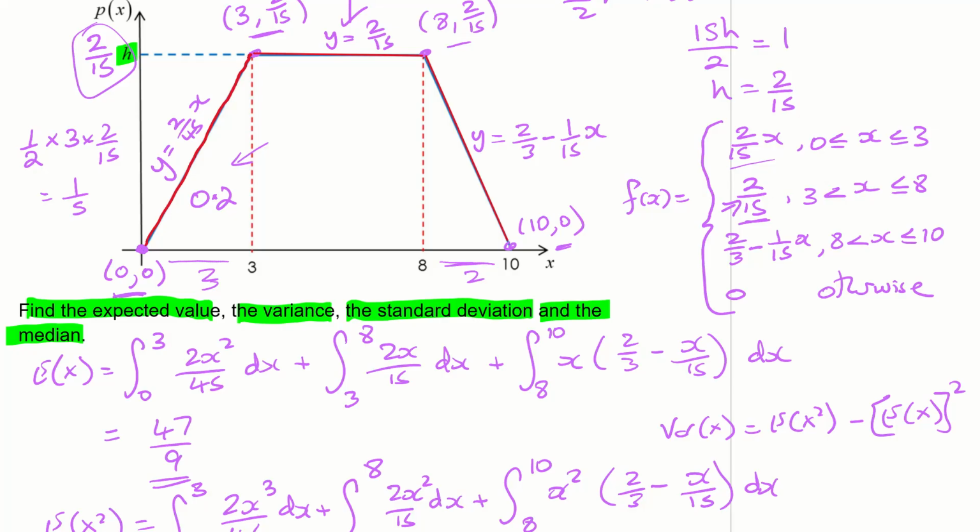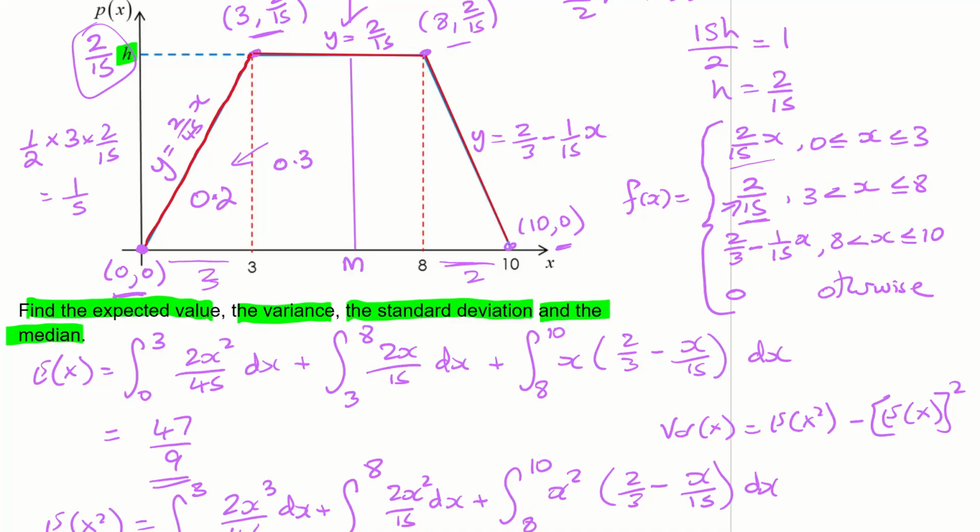Now remember, the median is the point at which the area either side is 0.5. Now that's almost certainly going to happen inside this rectangle. And so what we want is where this one is 0.3 to make up the 0.5.